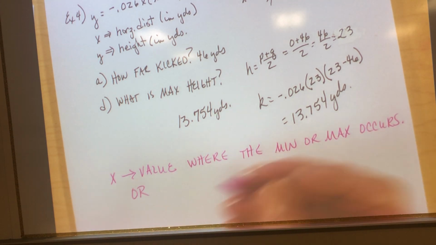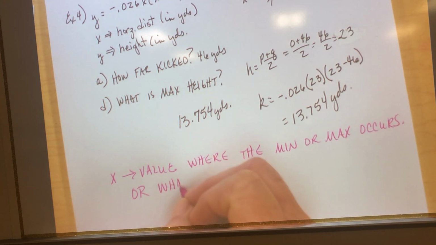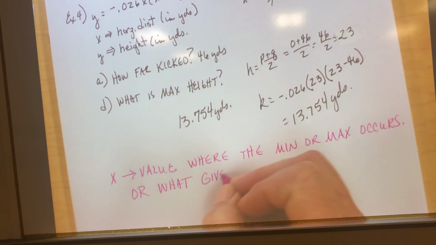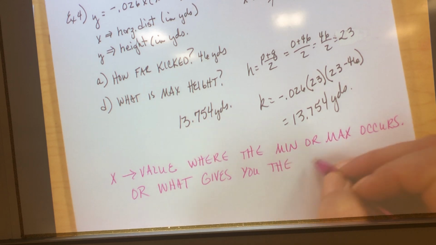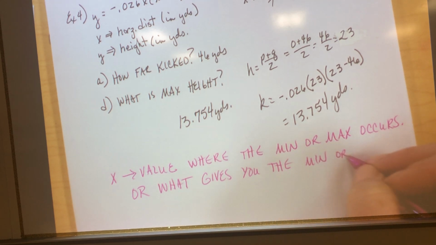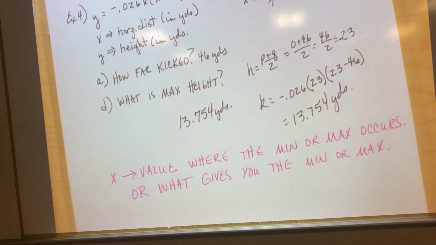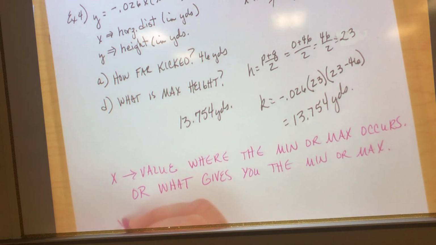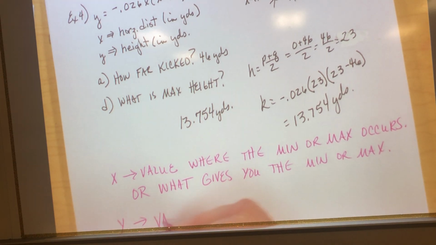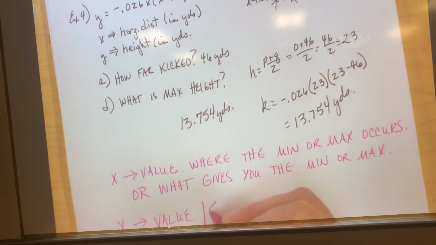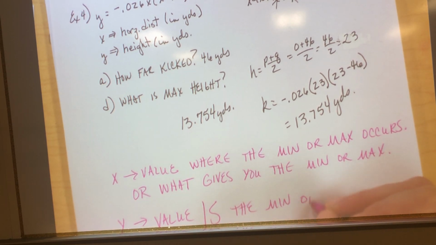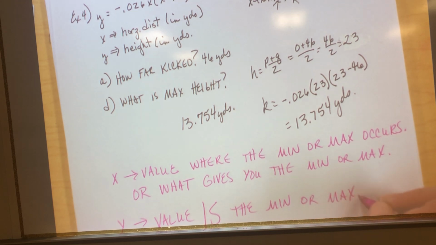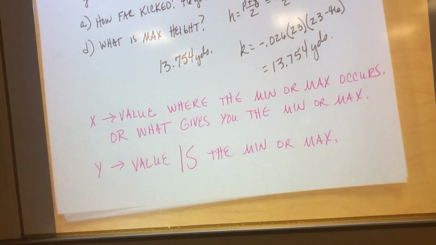Or you could think of it as what gives you the min or the max. Okay? Why that value is the minimum or maximum. Okay? So the y value is the actual minimum or maximum.